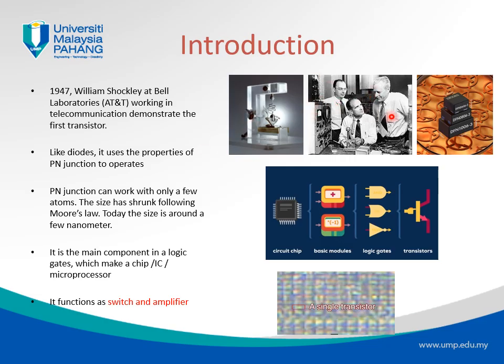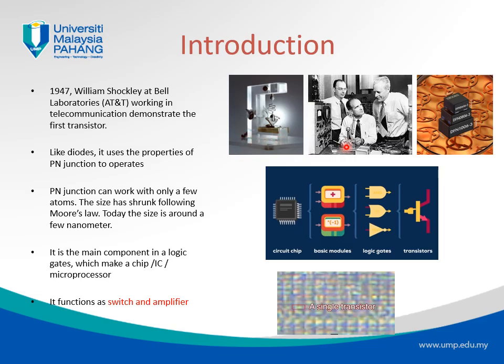Here we have a figure. In the middle is William Shockley in his lab demonstrating the first transistor that they found in 1947. On the left side of the figure is the first transistor that they demonstrated.